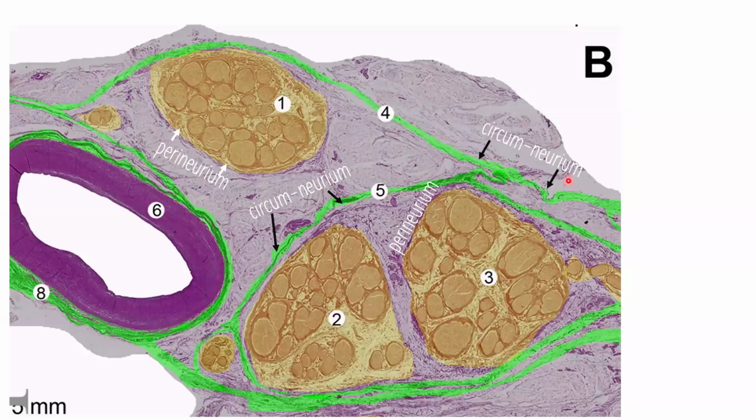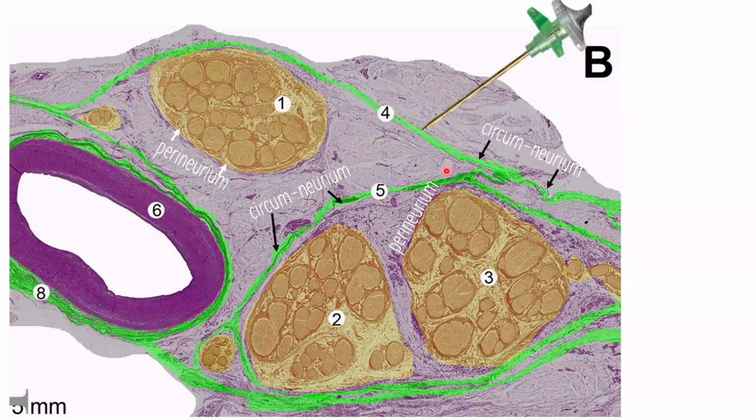Now we know that this is the circumneurium. The green is the circumneurium, and this is the one which goes around these two cords, and this is the one which goes around the lateral cord, and that's the perineurium, and the one which is the endoneurium. So we are looking at the needle placements, whether this is the correct needle placement, which is just at the circumneurium, and we have not challenged it, or we have not penetrated or perforated the circumneurium.